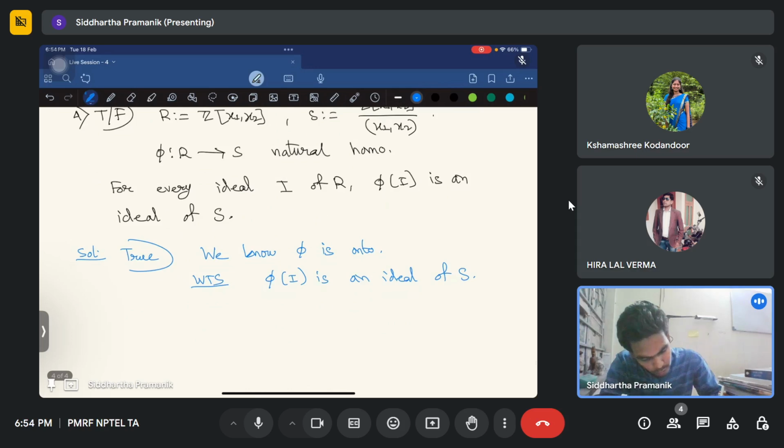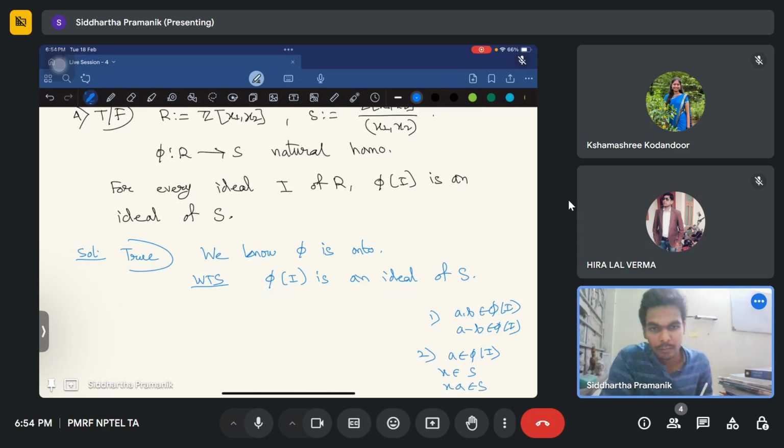So for a, b belongs to phi of I, a minus b belongs to phi of I. This is the first one. Second one is a belongs to phi of I and x belongs to S, xa must belong to phi of I. So can you prove this too? So a and b belongs to phi of I.